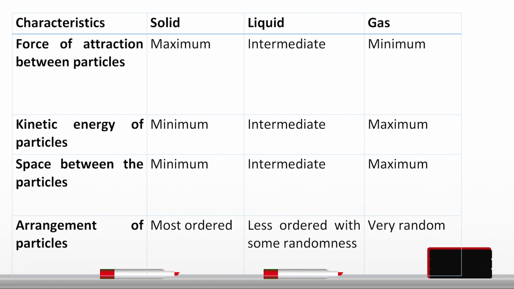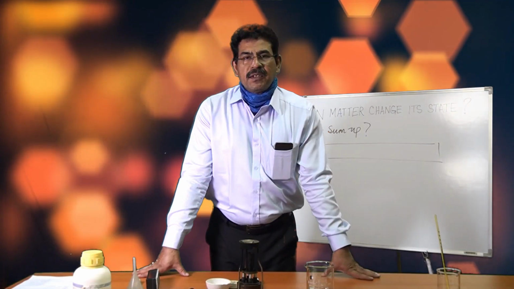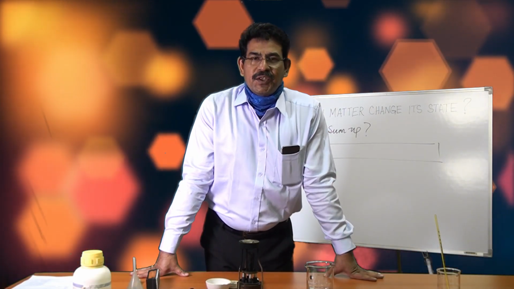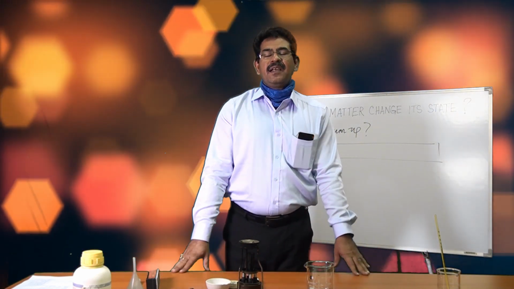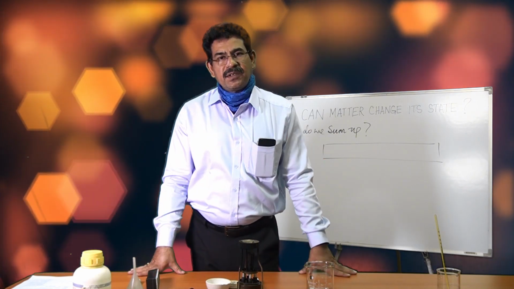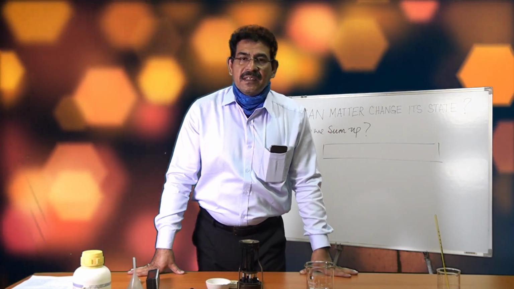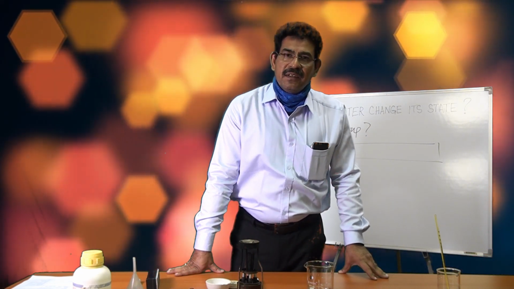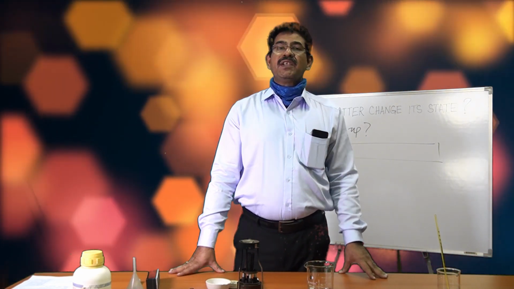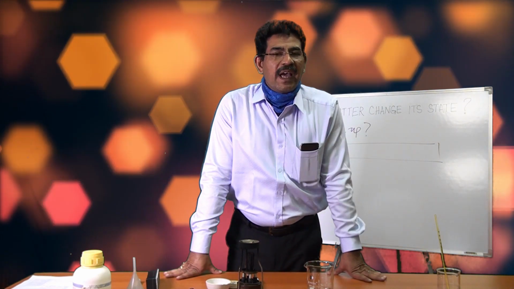But in case of gas, it is very random. So dear students, what have we understood from this discussion so far? We could learn that as we increase the temperature, there is a change in the state of matter from solids to liquids, as well as from liquids to gas.